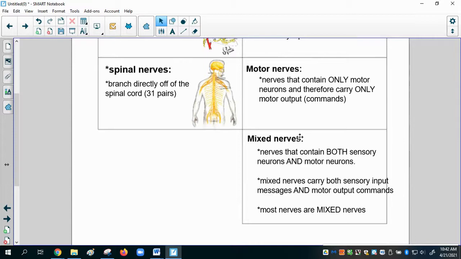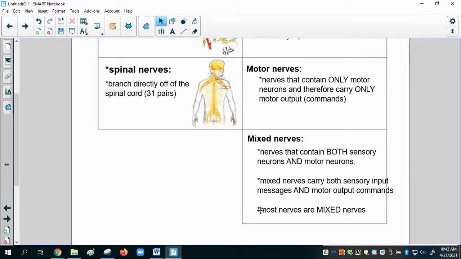Okay, mixed nerves, nerves that contain both sensory neurons and motor neurons. Mixed nerves carry both sensory input and motor output. They are the typical two-way street. Messages are going in both directions inside this nerve.